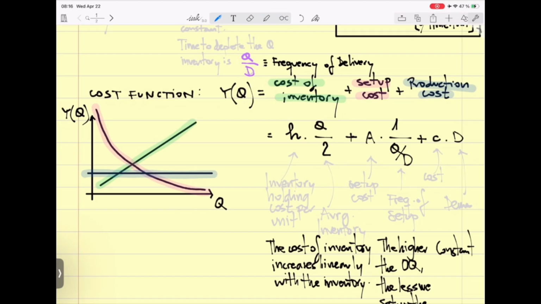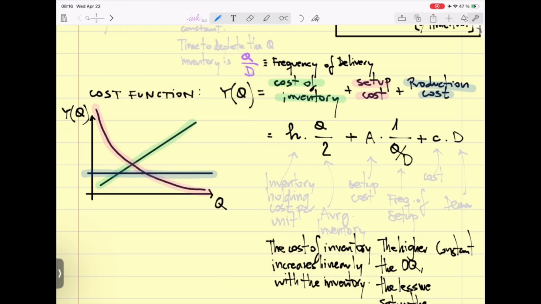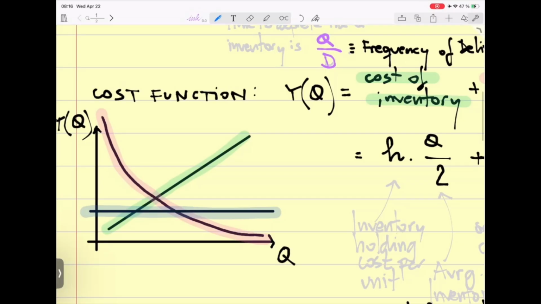What we do now is we simply add up all these three curves and we get this result.